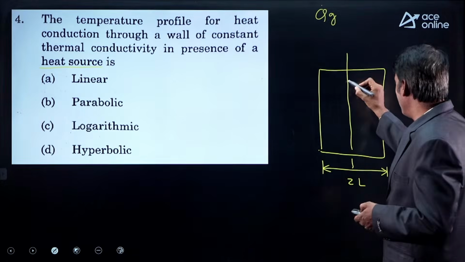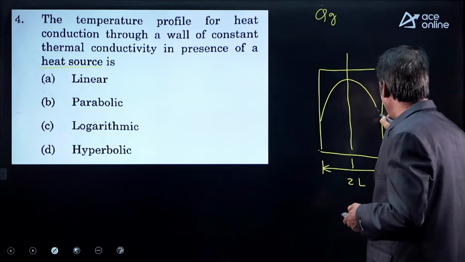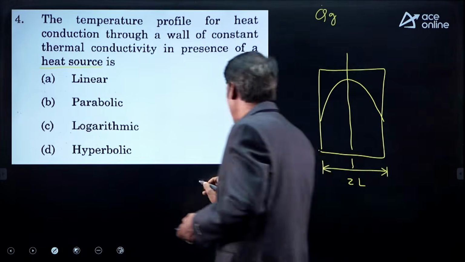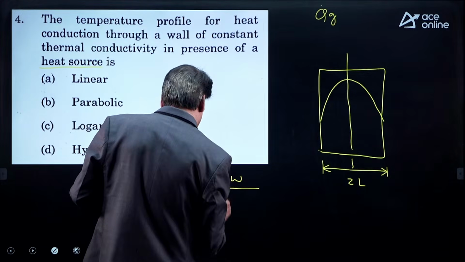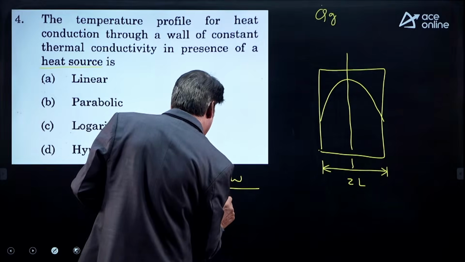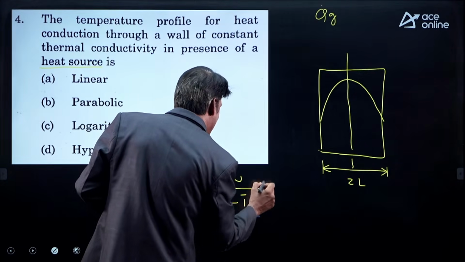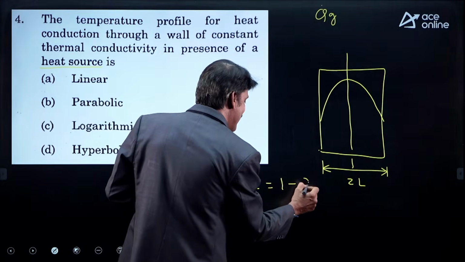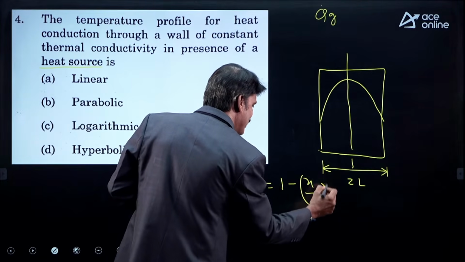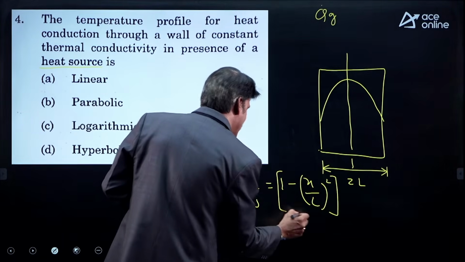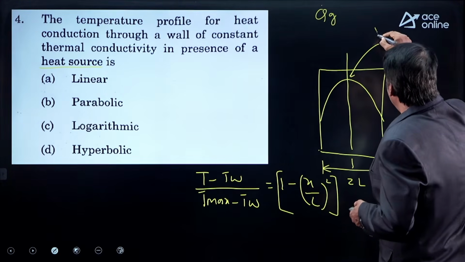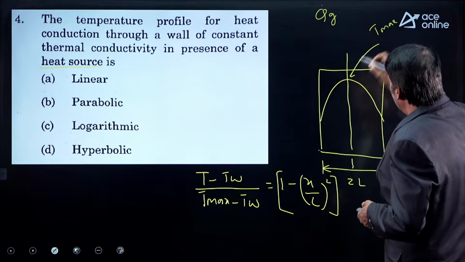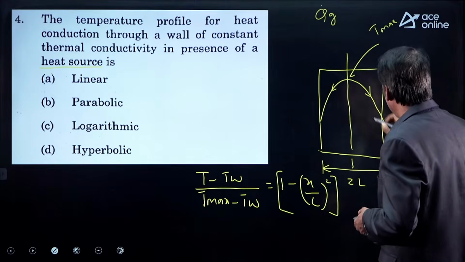In such situations, you observe the profile to be parabolic: (T minus TW) divided by (T max minus TW) is equal to 1 minus (x by L) square. Second order, where maximum temperature is observed here, and the profile is symmetric on both ends.